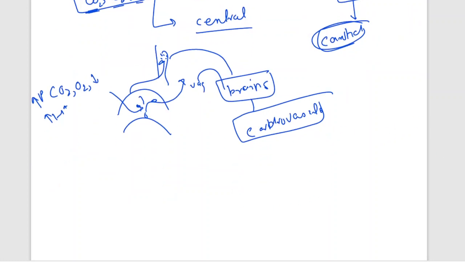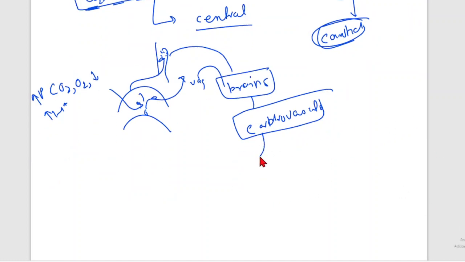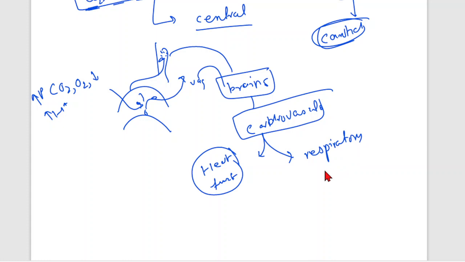From the brainstem it goes toward the cardiovascular center. From here there are two effects to compensate these changes. One is a change in heart function, and another is a change in respiratory rate and depth. So you have to remember these two activities.